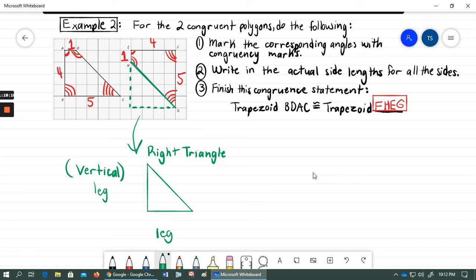So we got our two legs, and we should really know what those two lengths are already, since we already marked them. Even if we haven't, it's easy to figure out what the vertical one and the horizontal one are.